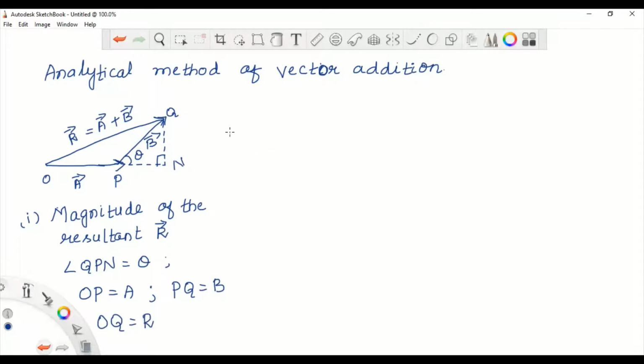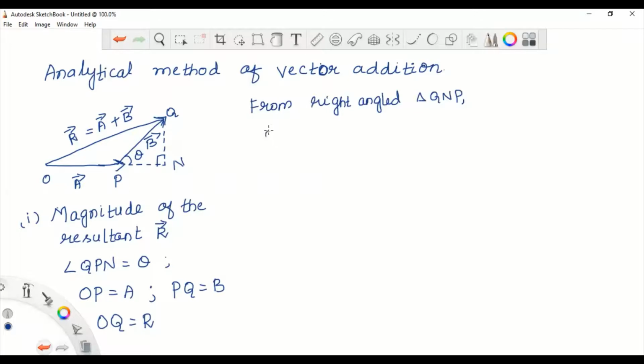Now let us consider right angle triangle QNP. So from right angle triangle QNP, we have sin theta and cos theta.